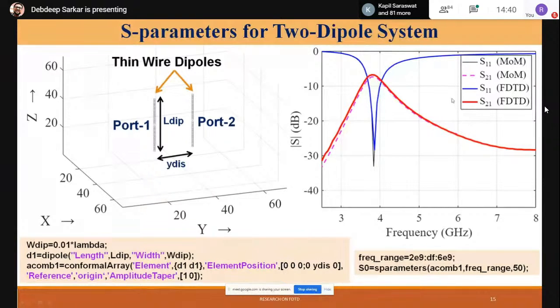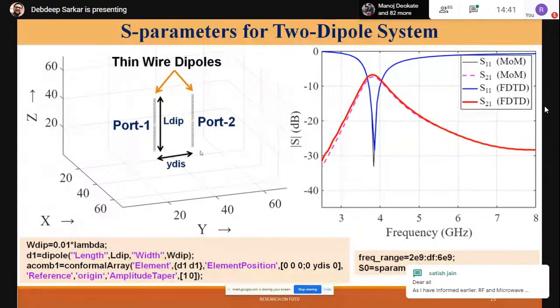So you can see the beauty of the thing: whatever we wrote from our basic physical understanding and concepts, we simply discretized the system into small grids and enforced certain boundary conditions. We launched a pulse, we recorded the voltage pulse at this port, the voltage pulse at the other port, and the current in the excited port and the current in this port. All those things we did from scratch.